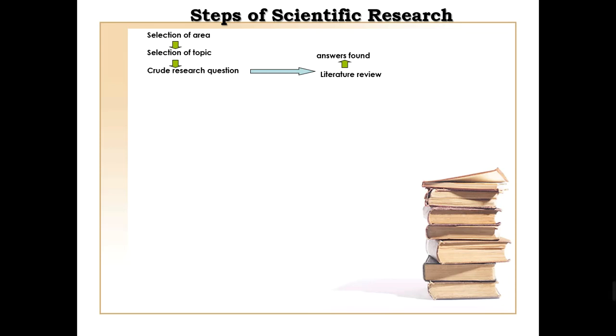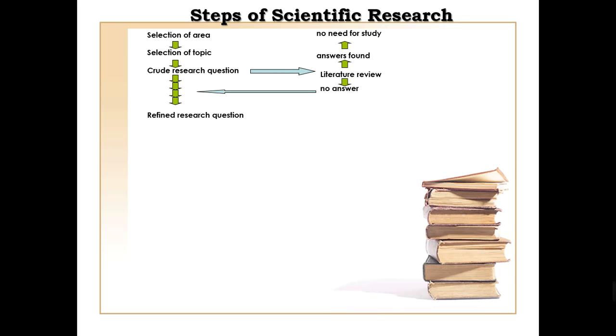So the literature review can also give another option. That means there is no answer in PubMed or in any other literature on the internet. So you have a lot of opportunity to go for this particular research, and this is the possibility of ongoing research, and you can continue doing the research with the help of the literature review.